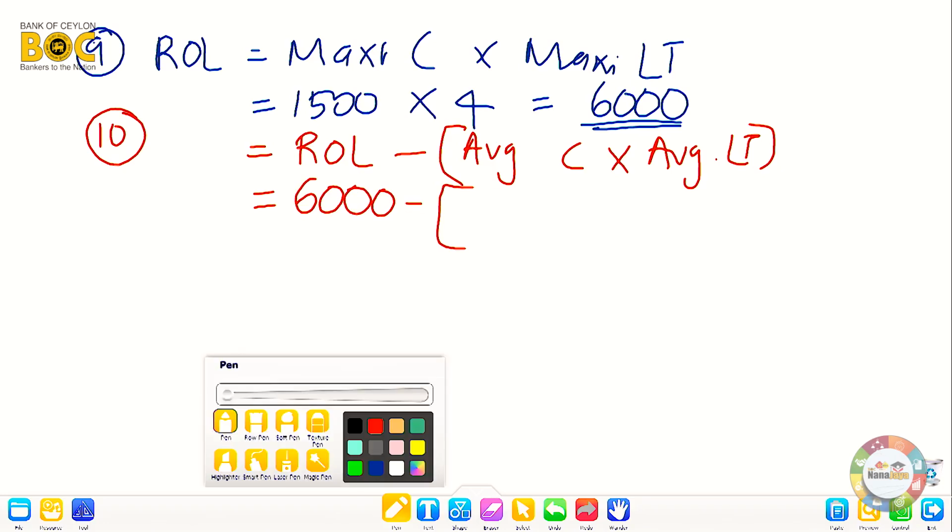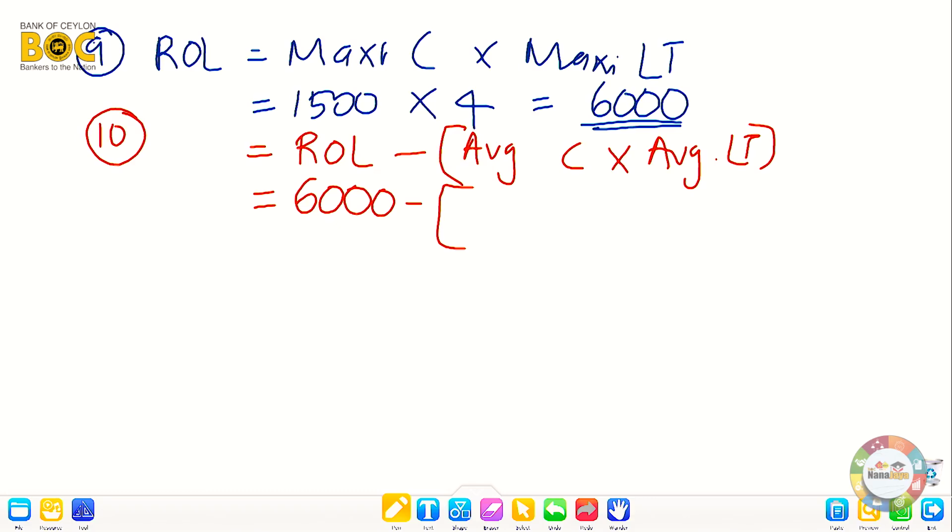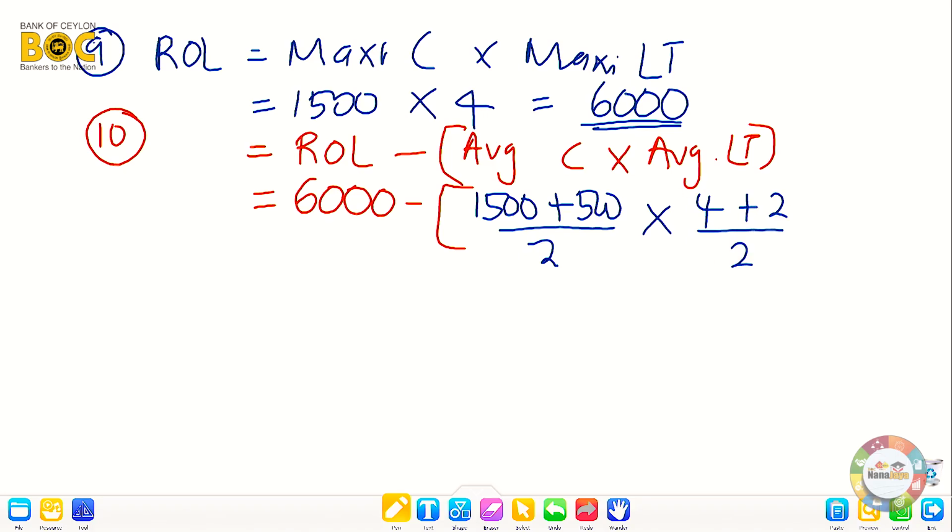The average consumption equals maximum consumption plus minimum consumption divided by 2: 1500 plus 500, divided by 2, into the average lead time. The average lead time is maximum 4, minimum 2, divided by 2. It is the average of 2 values.